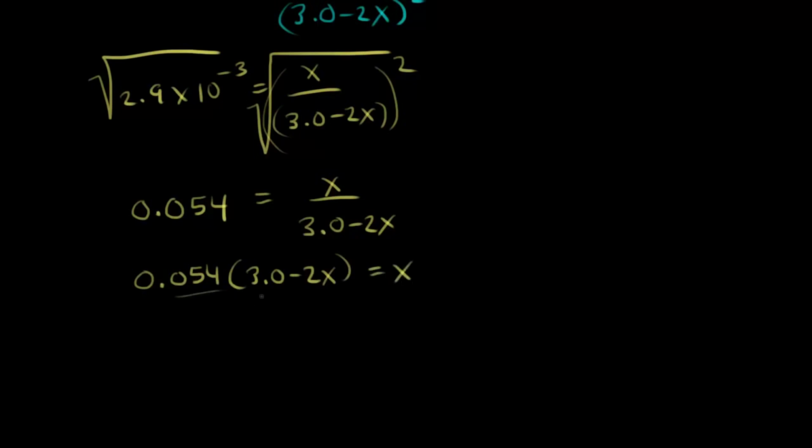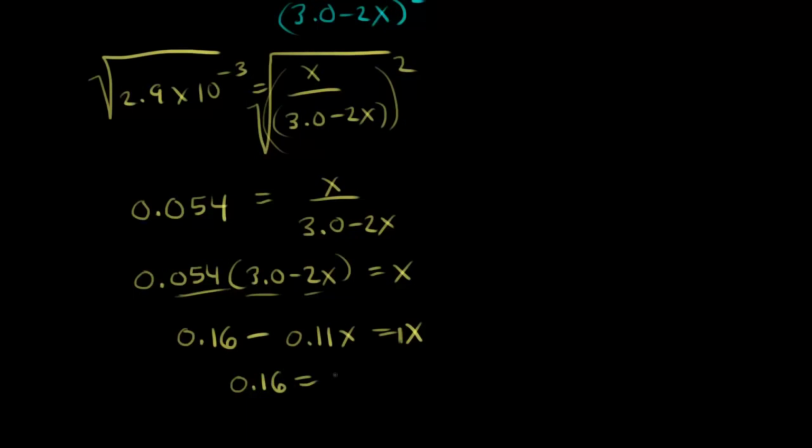So we need to multiply 0.054 by 3, and if you round that, you're going to get about 0.16, and 0.054 times 2 is approximately 0.11. So we have 0.16 minus 0.11x is equal to x. So we have 0.16 is equal to, we put both x's on one side. This is 1x, and this is 0.11x.